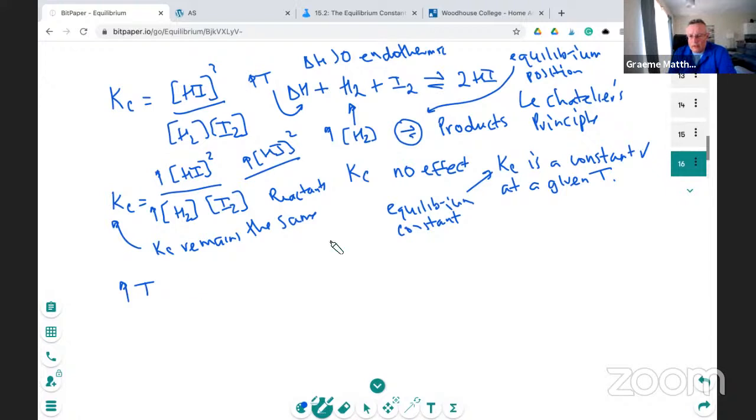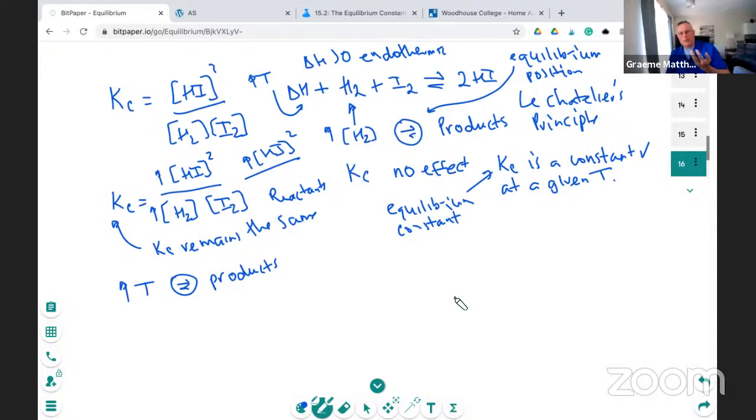So let's say my equilibrium position moves over to the product side, away from the enthalpy, which is on the reactant side. And didn't I say that the only thing that can change the value of Kc is temperature? Well, now you have to stop and think, does it go up?